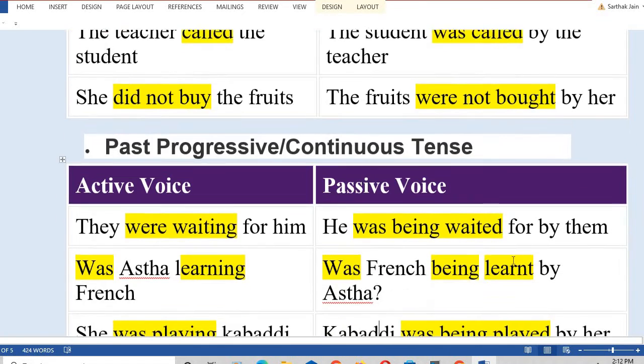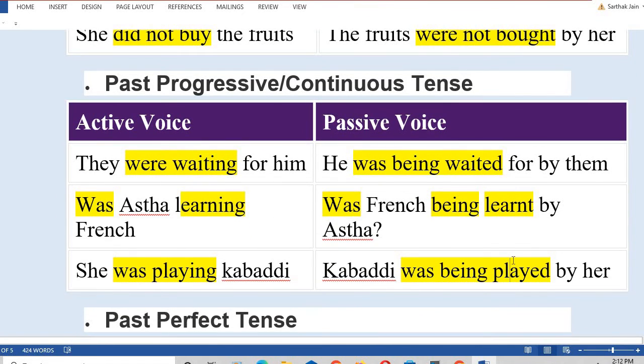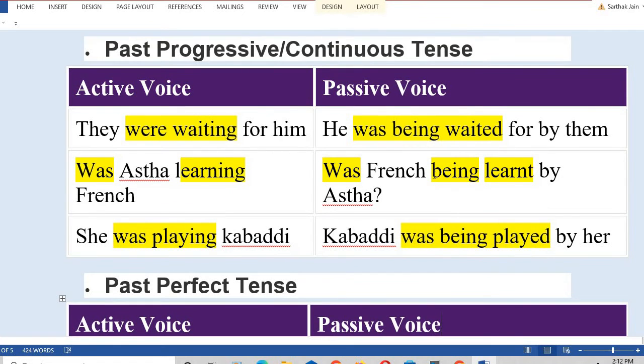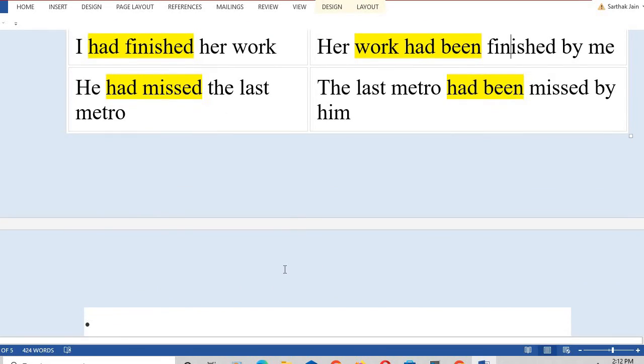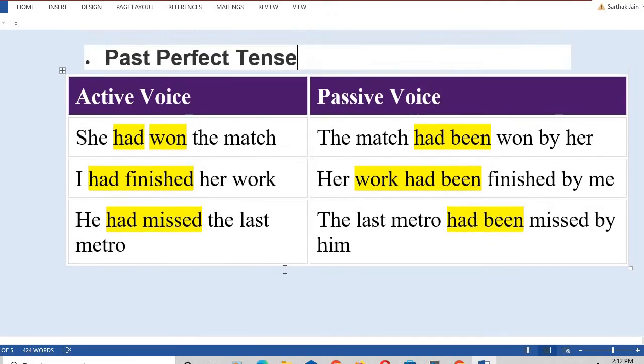Now past progressive or continuous. Just like present continuous, the only difference is of is, am, are and here was, were, nothing else. The structure is the same and the type is the same. Now the last one is past perfect tense. She had won the match.